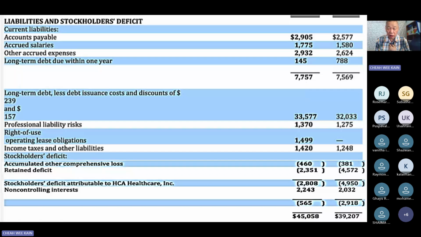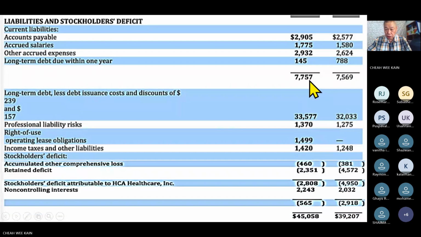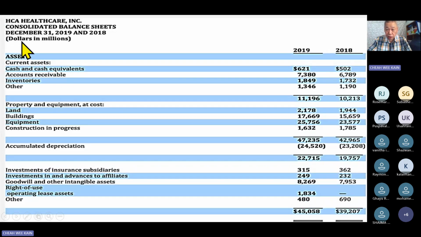That is your current liability. Need to pay within 1 year. Your asset here is 11. So not so bad. But when you look into detail, you need to pay people cash, 7.7. But your cash is only 621.